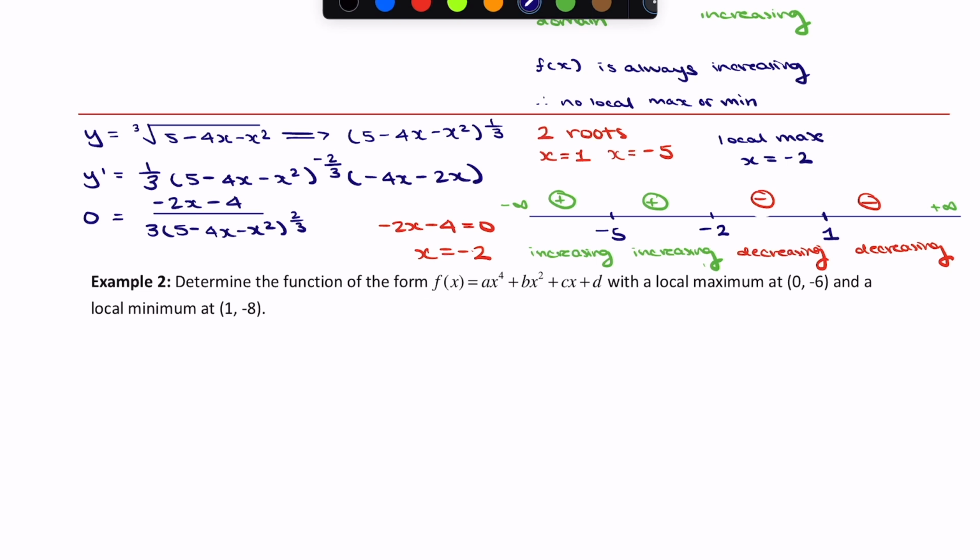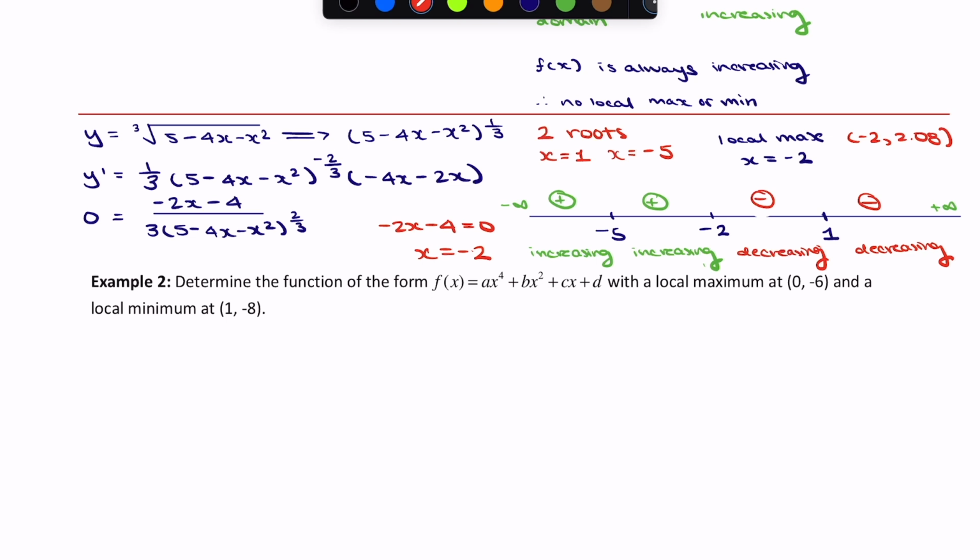So here, if we put in the cube root of 5 - 4 times -2 - (-2)^2, we get about 2.08. That will be the point. So at (-2, 2.08) will be where our local max is.